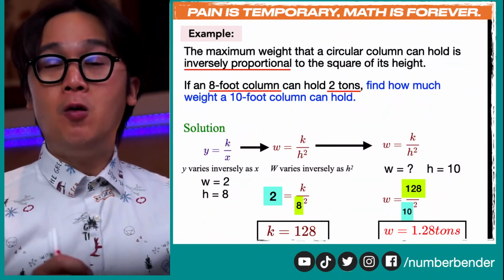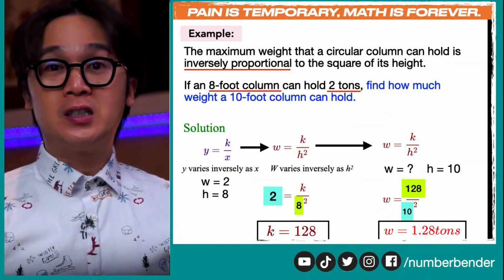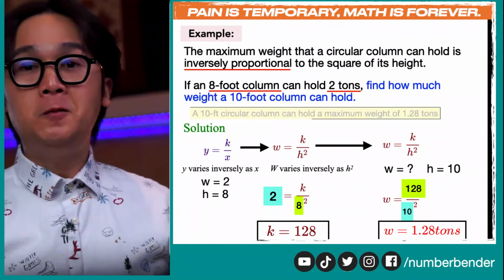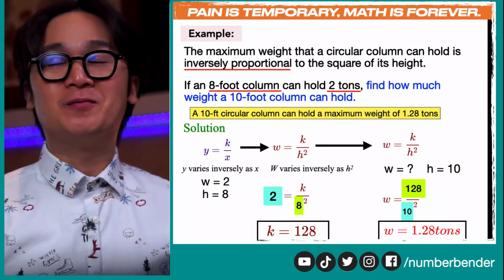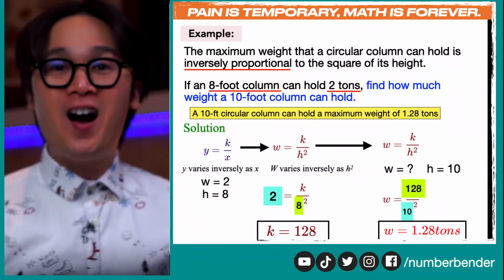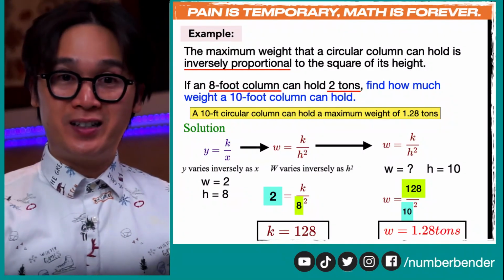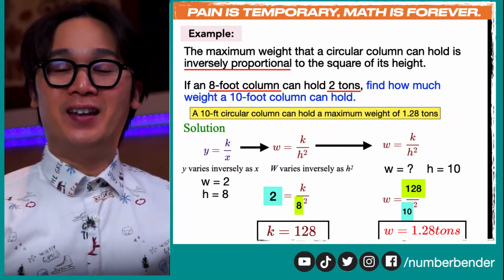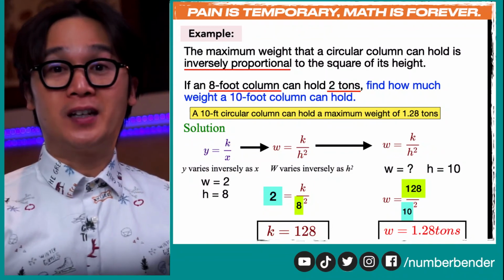So this is now the value of the weight that we are looking for specific to this problem. So to simply put, a 10-foot circular column can hold a maximum weight of 1.28 tons based on the joint variation relationship that we are using in this particular problem.